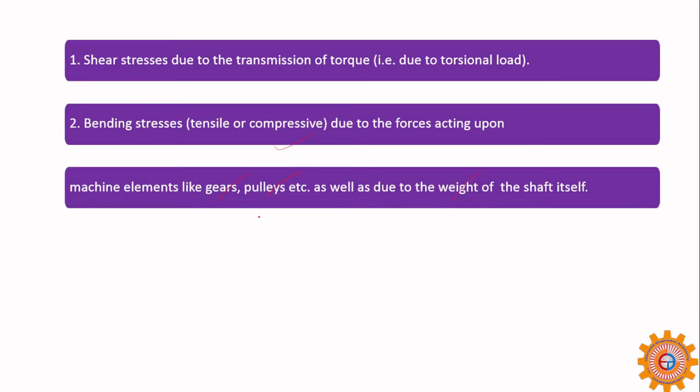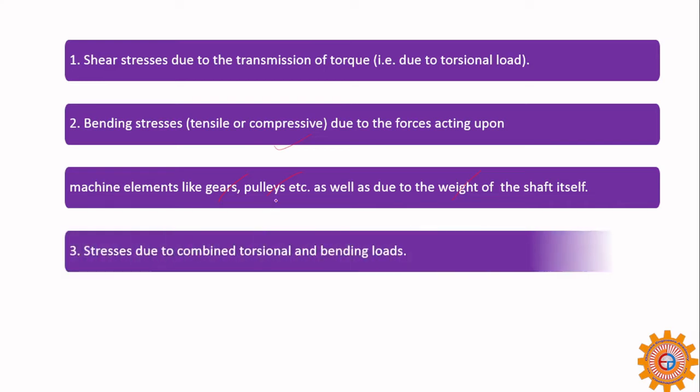The other thing is that sometimes you have to combine both of these. This is bending stress, that is normal, and the other one is shear, that is torsional shear. So sometimes it may be useful to combine these two.